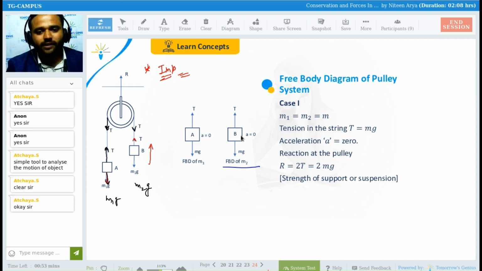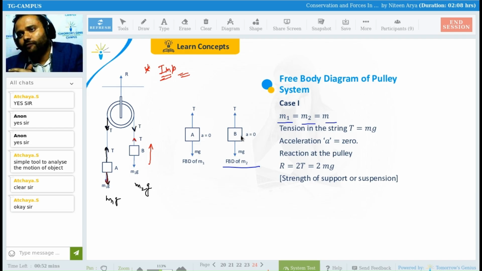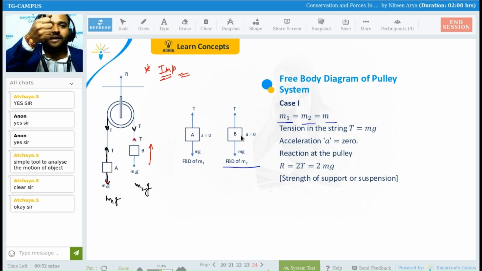In case 1, if M1 equals M2 equals M, the tension force in the string is mg and acceleration a is 0. Why so? Because if both the masses are equal, they are going to be balanced out. Clear? In old days, the weighing system was some kind of this pulley system, and they hold it like this.